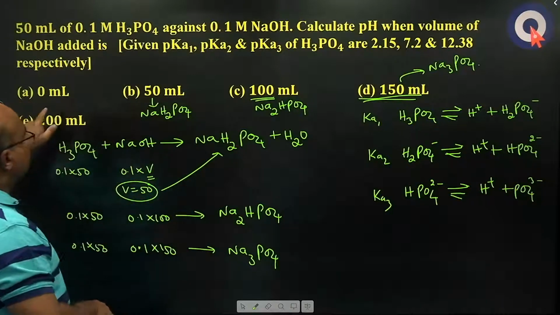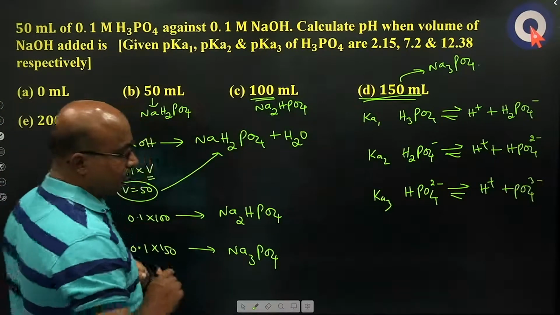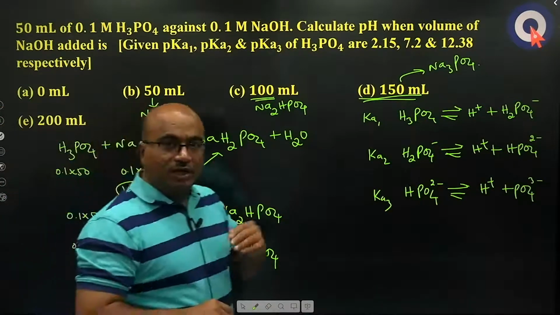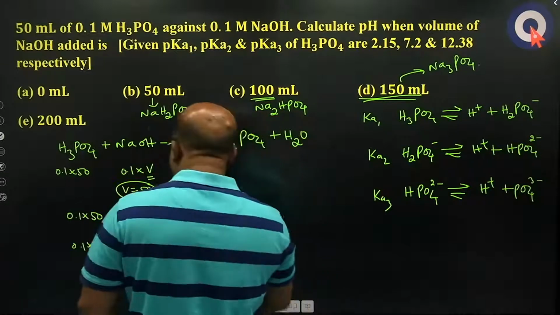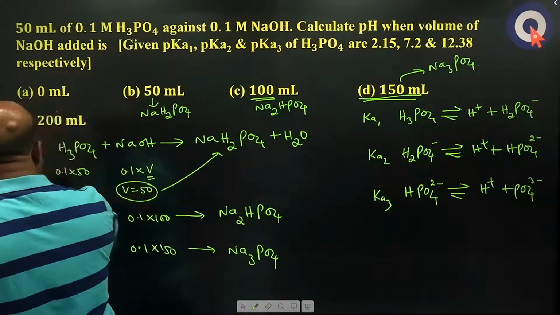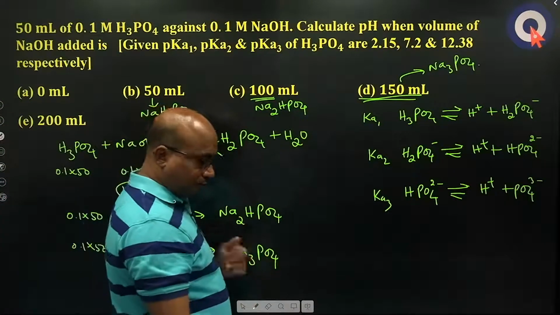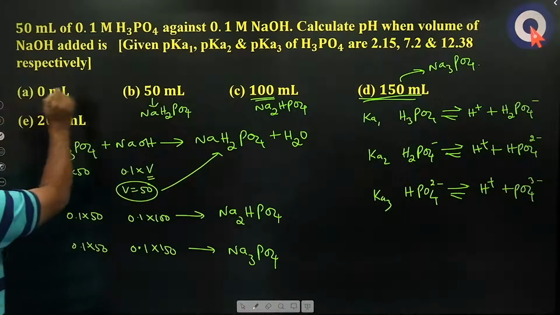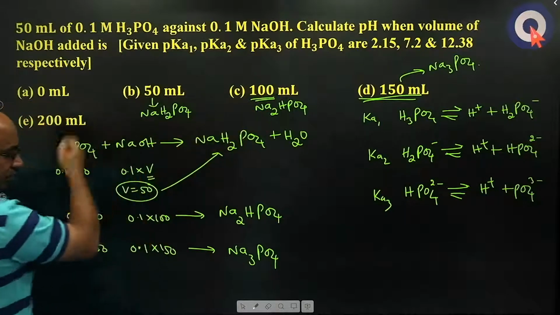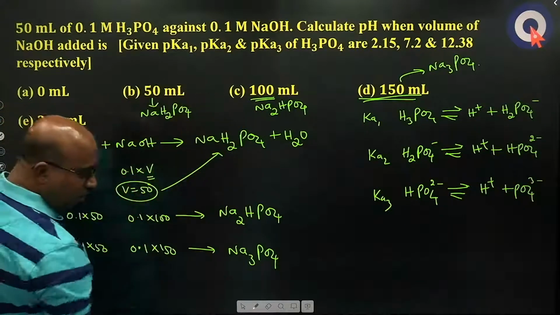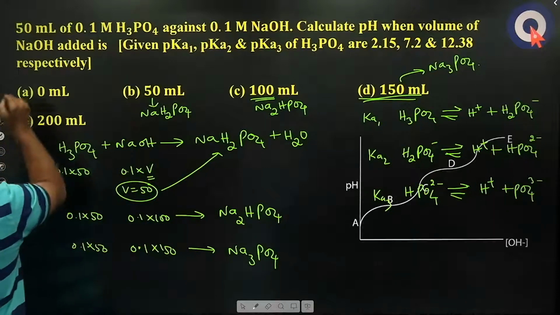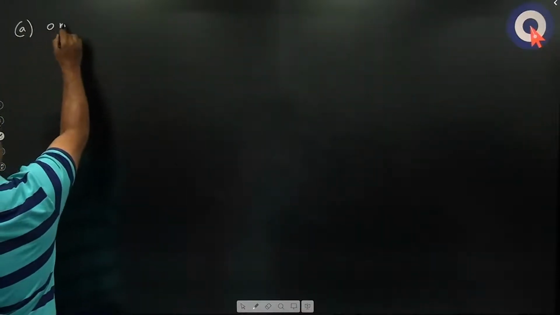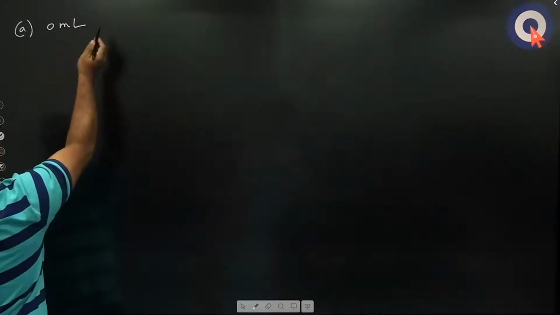So at these situations, what are your pHs? What is the initial pH? For any weak acid, there is a simple condition to directly give its pH value. Let us say at the first condition A, at 0, 50, 100, 150, it is 50, 50. So first one A, at 0 ml of addition, only H3PO4 is there.